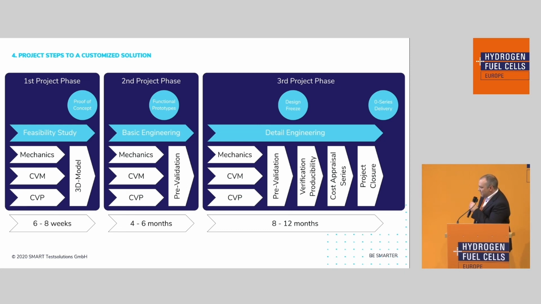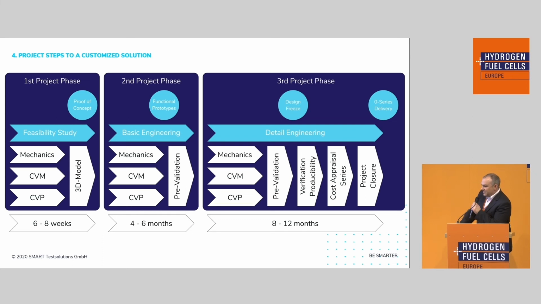So a development project normally starts with a feasibility study. We are discussing with the customers a shape model, 3D model of the electrochemical stack, where we can see where is the space to place the components and so on. This normally has a duration of 6 to 8 weeks.